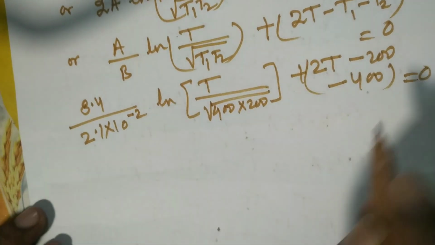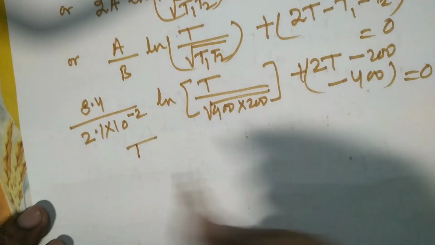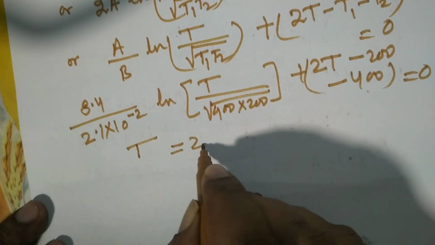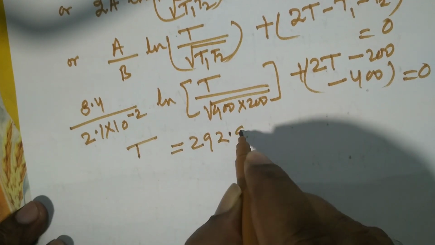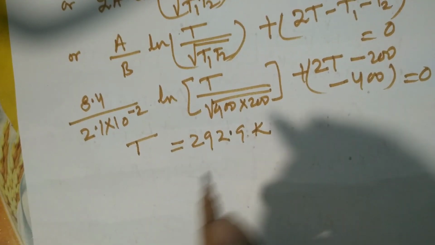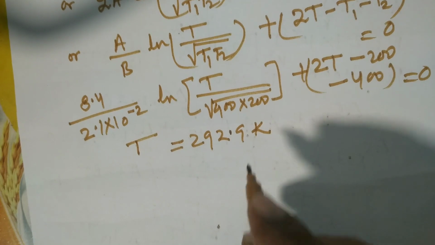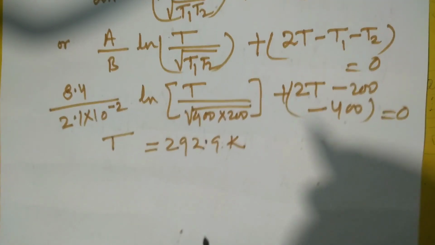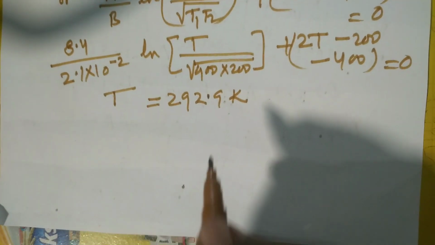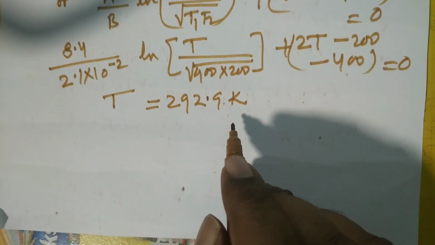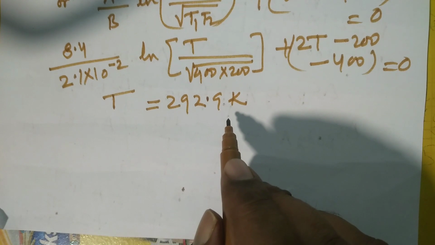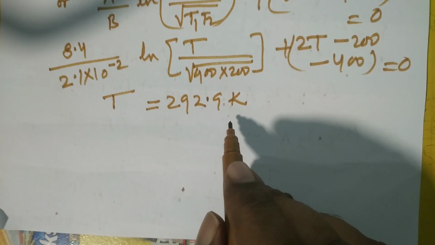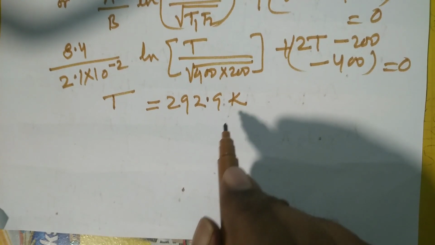On solving T by trial and error method, T will come out as 292.9 Kelvin. So this is the minimum temperature, in fact. Temperature will be minimum only when maximum amount of work is produced. So this is the minimum temperature to which these two bodies will come.